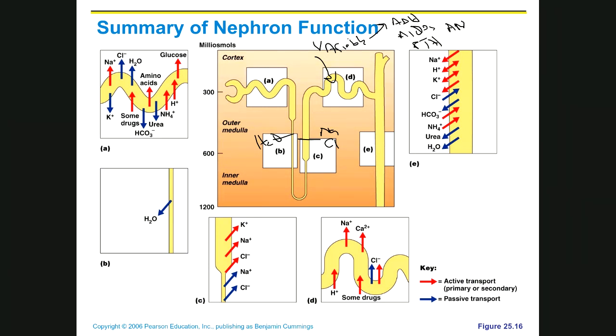And so what's going to happen here is this. So we're going to get some active transport, but it's variable. And then finally, when we get over here, we get both secretion and absorption, depending on these hormones.